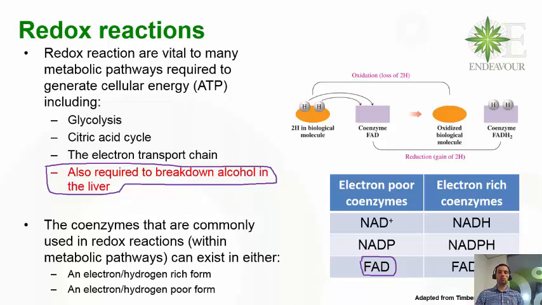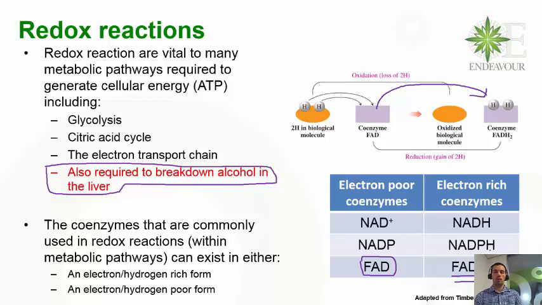And it can actually switch between these electron and hydrogen rich and poor forms by participating in redox reactions. So to go from FAD to FADH2, has the coenzyme turned into the electron poor or the electron rich form? Well, because it started off as FAD and it accepted two hydrogens, it actually becomes the electron and hydrogen rich FADH2.